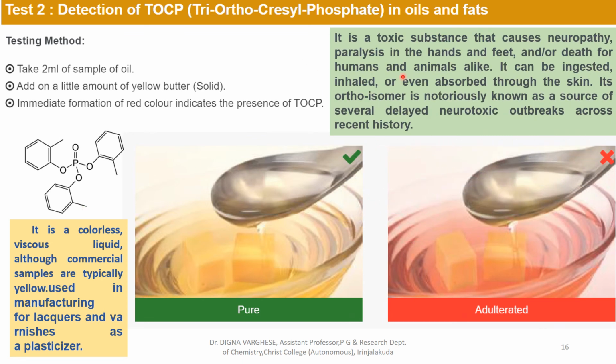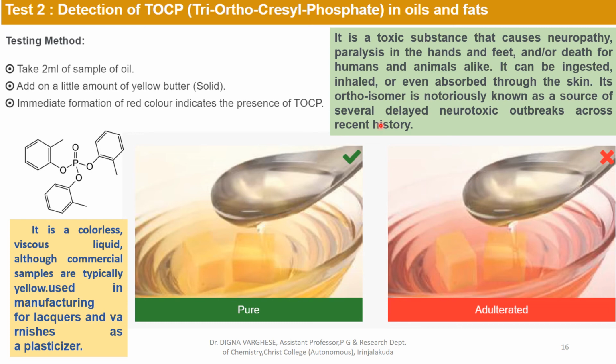It is a toxic substance used in the manufacture of lacquers and varnishes as a plasticizer. It can cause neuropathy, paralysis in the hands and feet, and even death for humans and animals alike.